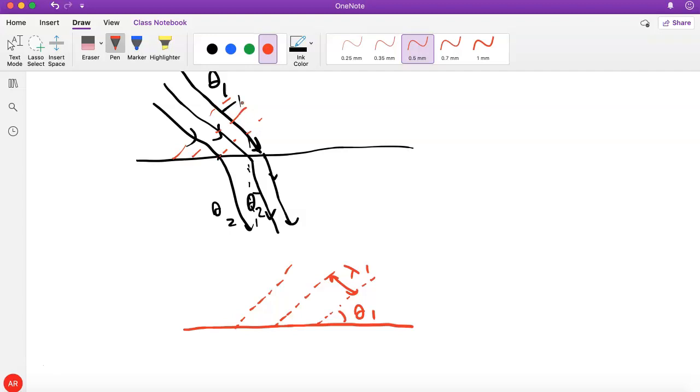So if you take the normal and one of these wavefronts and rotate them by 90 degrees, the normal coincides with the interface, and the ray coincides with the wavefront. So it's going to be the same angle.